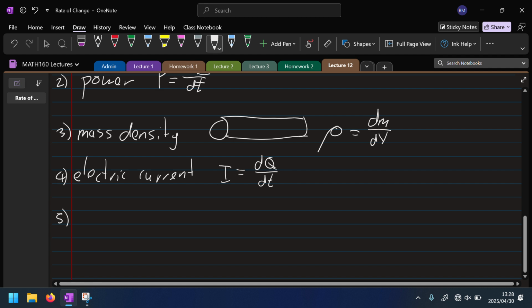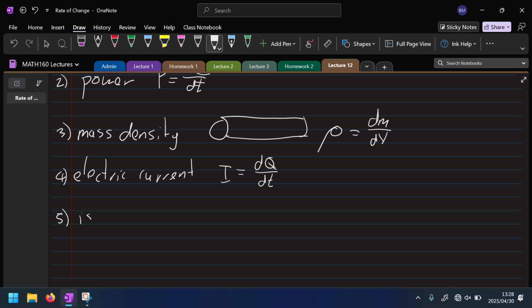Okay, number 5, isothermal compressibility. We'll see an example with this in a bit. Okay, so later on in physics, you're going to do a whole course on thermodynamics. You'll see this quite a lot. Okay, engine cycles, compressibility, thermal expansion, Carnot cycles, all of that.